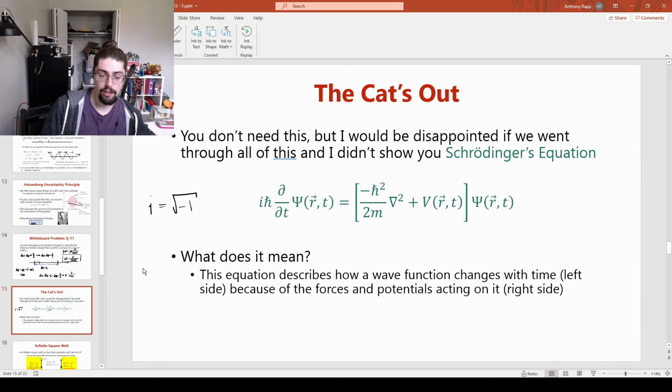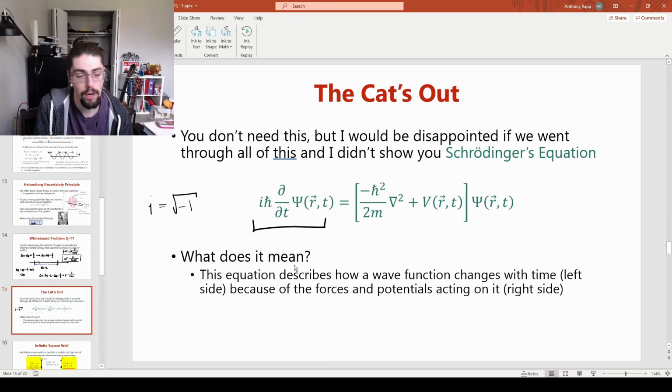We've got i, we've got the constant h bar. We have the time differential of our wave function. So basically what this left hand side is saying is, how does the wave function change in time? If we were to integrate that, we could get what the wave function is supposed to be. But this tells us the rate of change of the wave function.